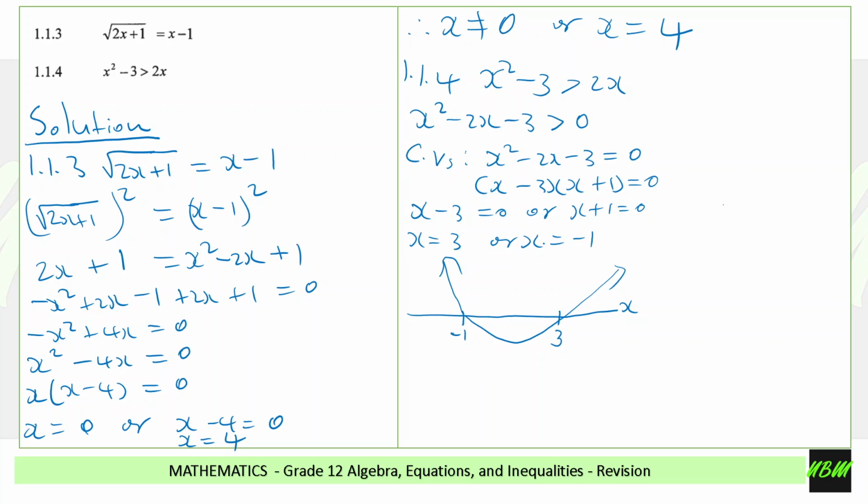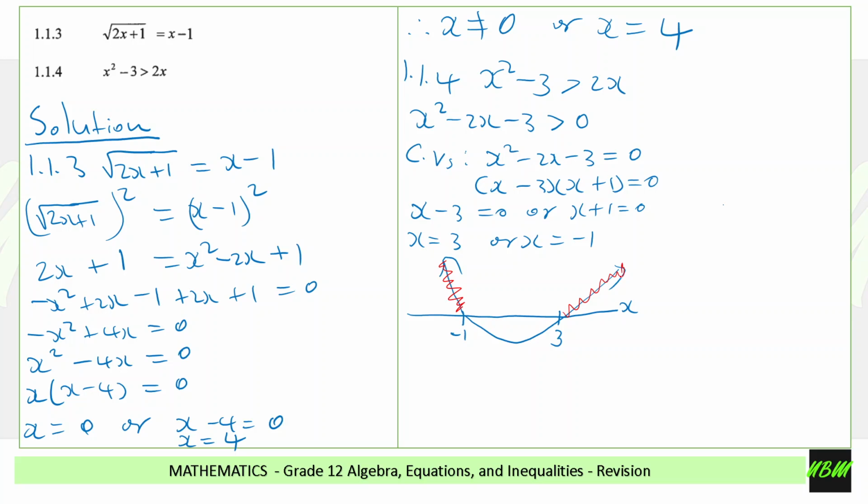Now, before finding the critical values, how is our inequality? Greater than 0. In this context, greater than 0 means above the x-axis. So let us shade the part of the graph that is above the x-axis.